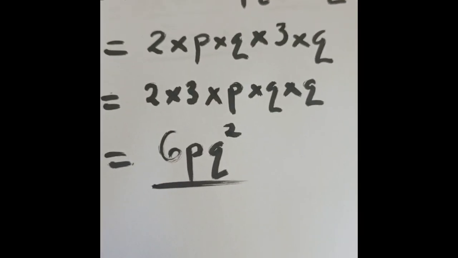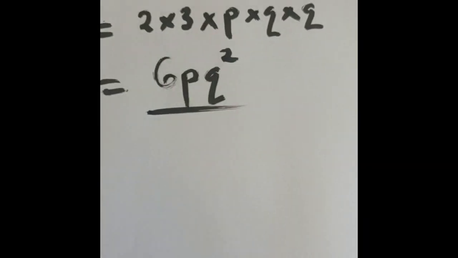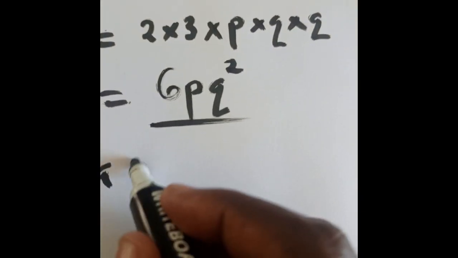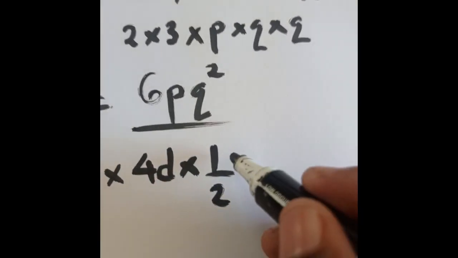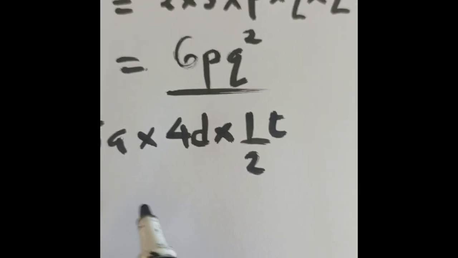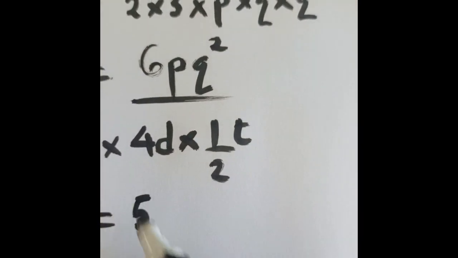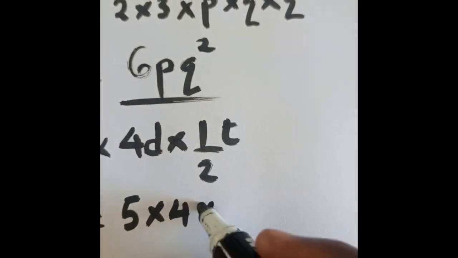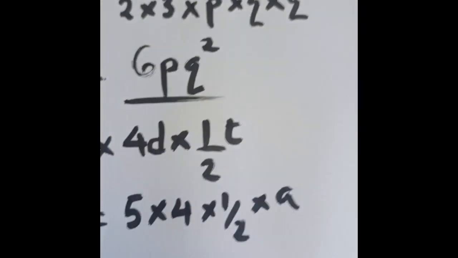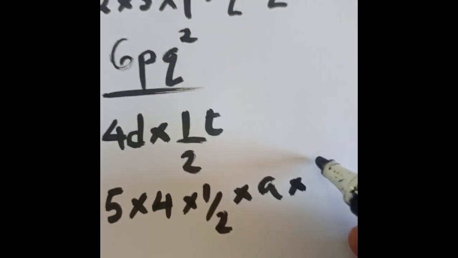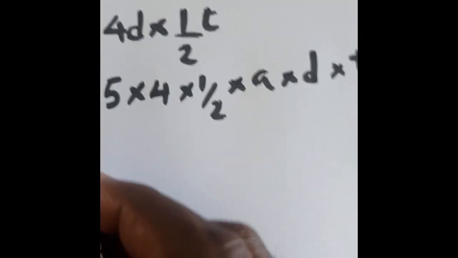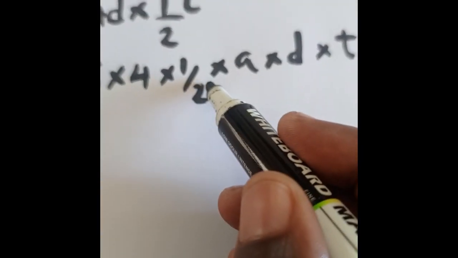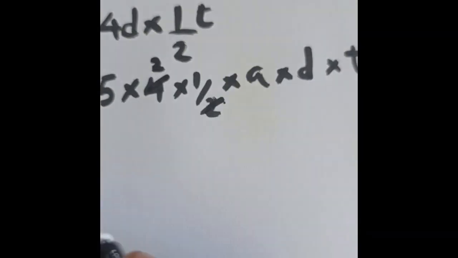So if we consider another case where we are asked to work out 5A multiplied by 4D multiplied by a half T. Again, this would translate to 5 multiplied by 4 multiplied by a half multiplied by A, remember our A from 5A, multiplied by D and then multiplied by T. Now from here you can see this 2 can cancel 4 there to remain with the 2, or we could have 20 multiplied by half, which gives you 10.